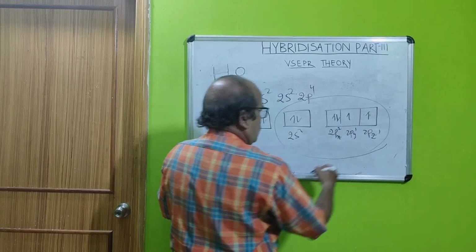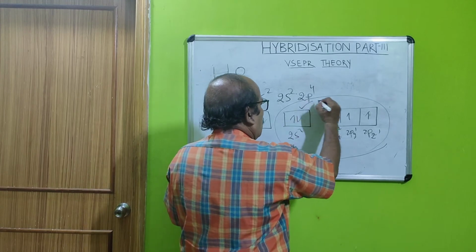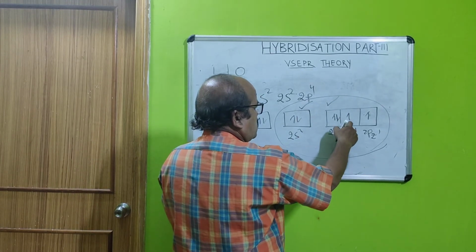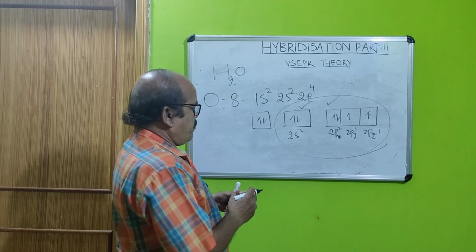These are in the valence shell. 2 orbitals have lone pairs and the other 2 have bond pairs.